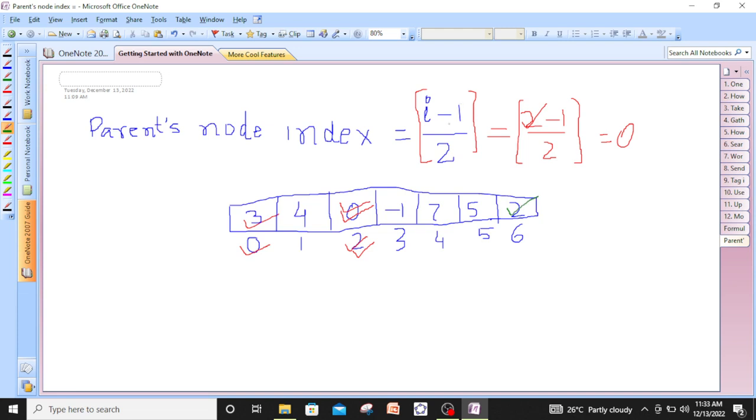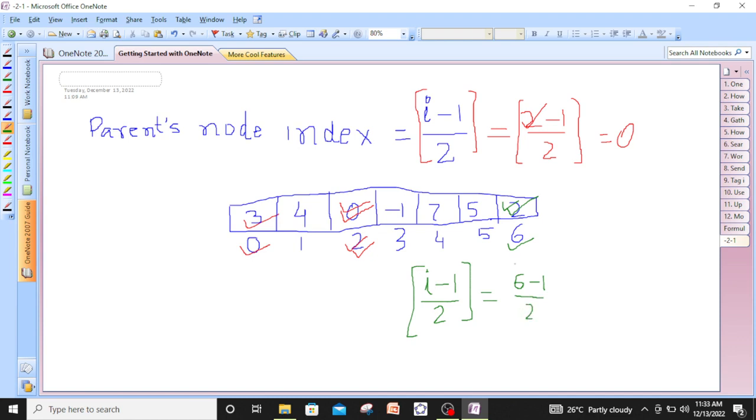So you see the formula is I minus 1 by 2. This is the formula to get the index of the parent, and here we have to find the parent of this 2, so we have to take its index, and that is 6. So here will be 6 minus 1 by 2.